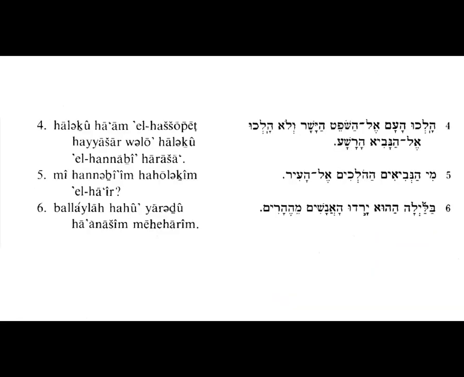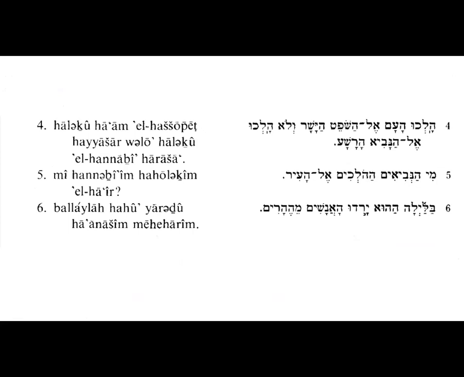All right, number 4. Halak. Halak was the word to go, to walk toward, or whatever. So this is halku, which was they walked. Ha'am, the people. Al hashefet, okay, they walked to the judge.